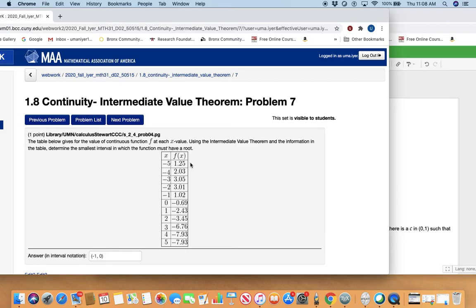Look, the function value is positive, positive, positive, positive, positive, negative, negative, negative, negative, negative, negative. So from positive to negative, there is going to be a 0 between the two. In other words, in this interval, negative 1 to 0, you are bound to find a root or a 0.